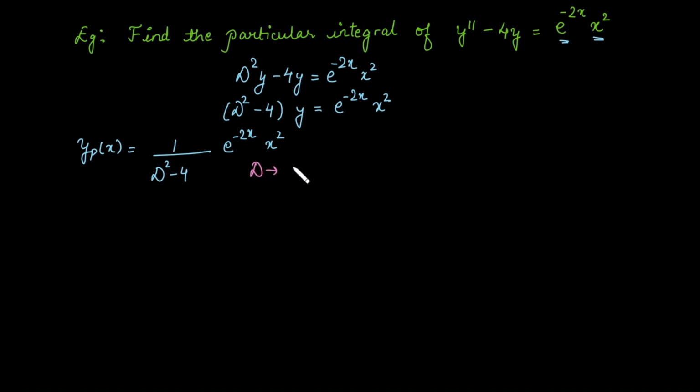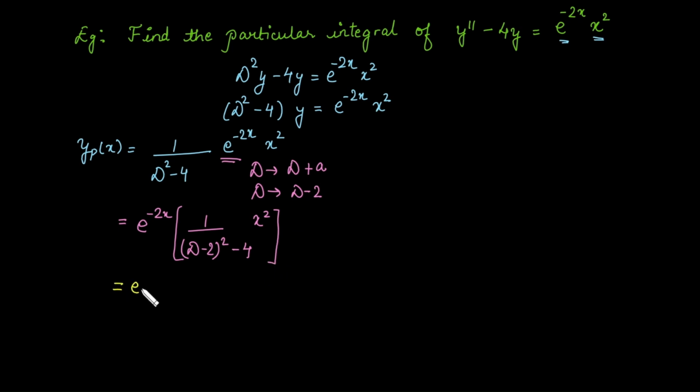So first we will operate the exponential. In this case, D is replaced as D plus a, where a is the coefficient of x in the exponential term, that is minus 2. So D is finally replaced as D minus 2, and we will take this exponential term outside. Then we have (D minus 2) square minus 4 in the denominator, and the second function of x is as it is, that is x square.